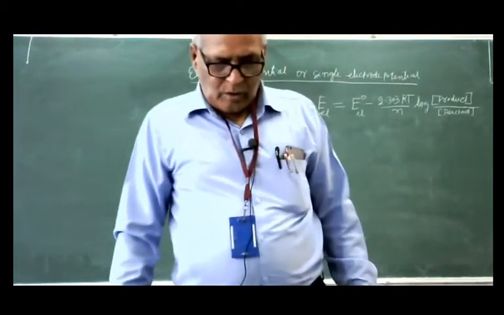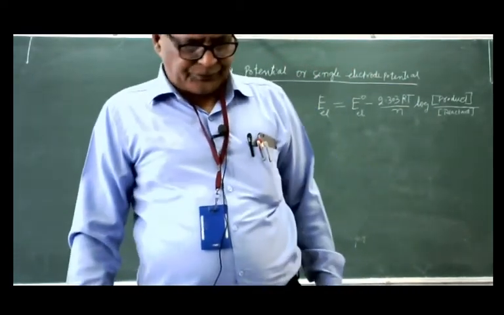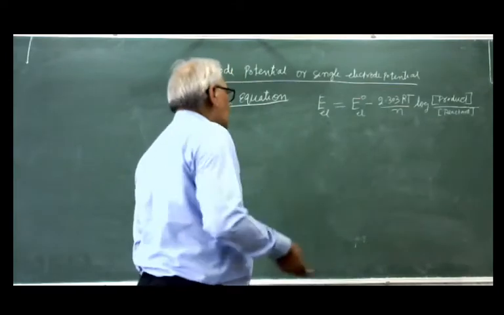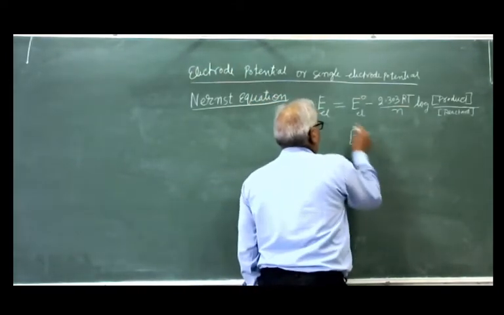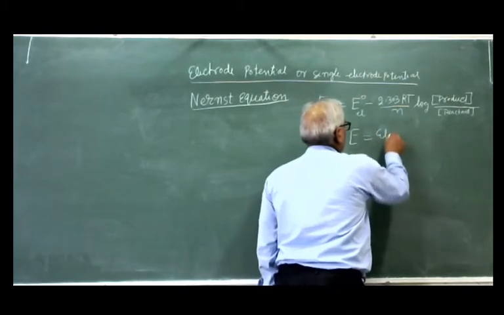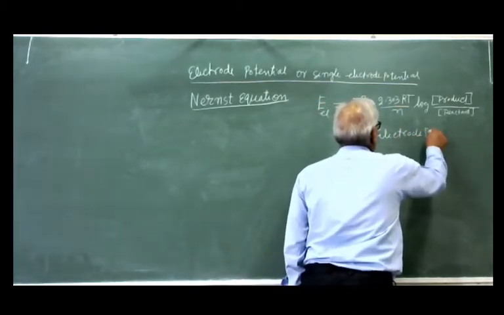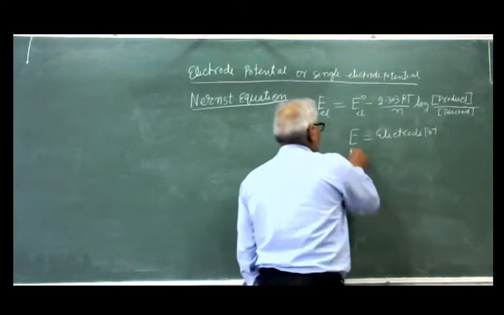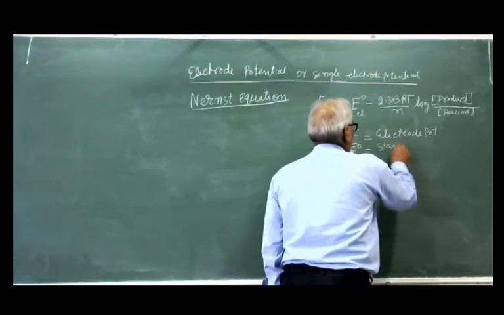So, this value you can write here. E: electrode potential. E0: standard electrode potential.